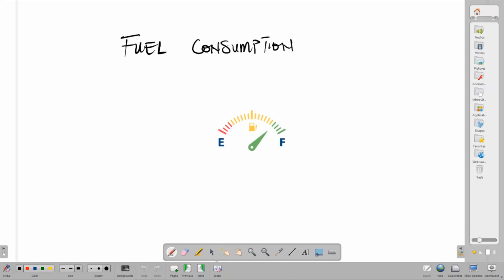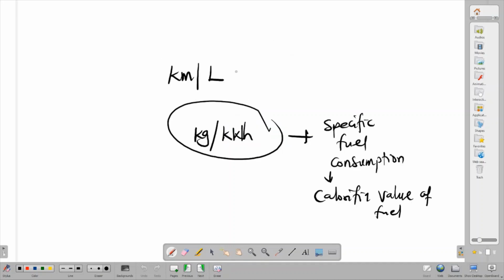We started by looking at what fuel consumption is, and how motorists understand fuel consumption. When I say motorists, I'm talking about drivers. They understand fuel consumption by the amount of fuel that is necessary to take them the distance they want to cover.